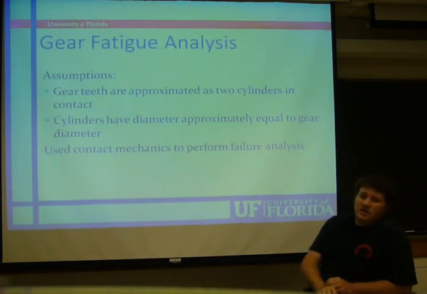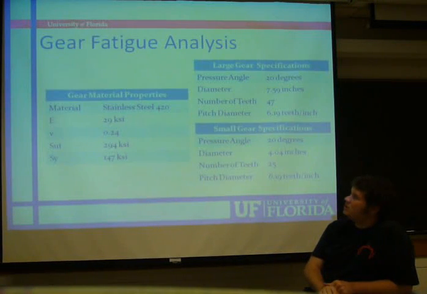For gear fatigue analysis, we assume that the gears are approximated as 2 cylinders in contact, with diameters approximately equal to the gear diameter, and we use contact mechanics to perform the failure analysis.